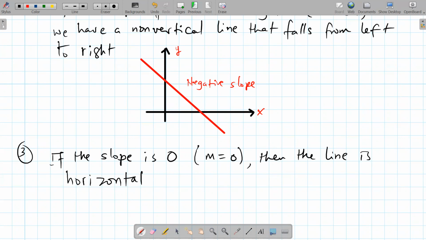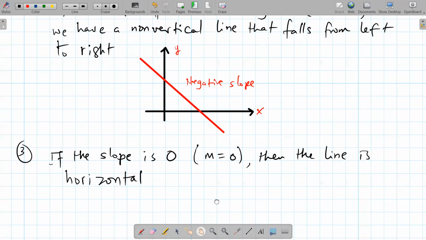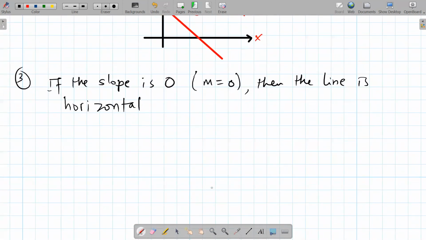And every or any horizontal line moves infinitely from the left to the right, as if you are on the number line. Okay, so a sketch basically will be like this.